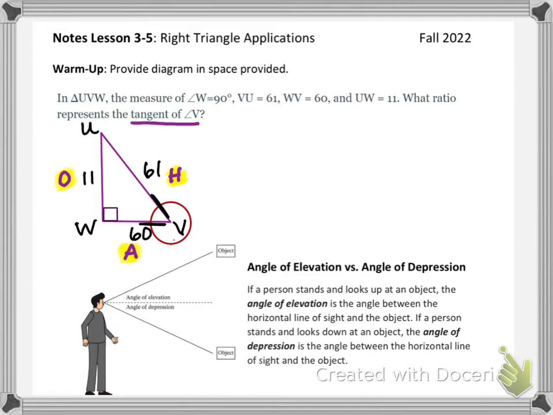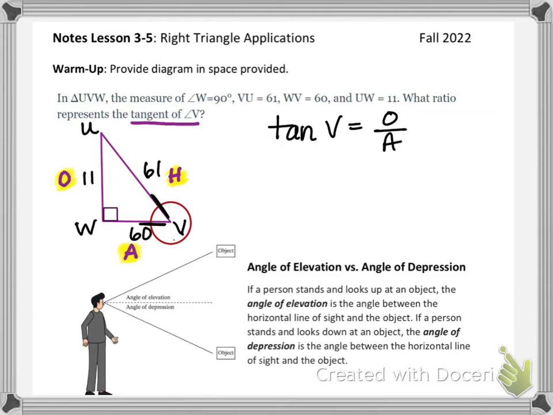So now that I've labeled everything, I can evaluate the value that I've been asked to evaluate, and that's the tangent of angle V. We know that tangent is opposite over adjacent. Those are the formulas that you need to keep in mind.